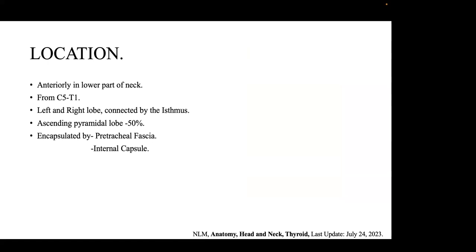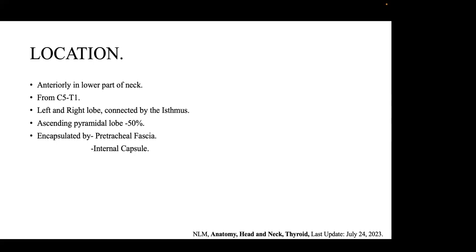In addition, it comprises the left and right lobes, connected by the isthmus, and furthermore, it is encapsulated by the pretracheal fascia, and along with that, the internal capsule, which is the true capsule. The pretracheal fascia is the false capsule, and the internal capsule is the true capsule.